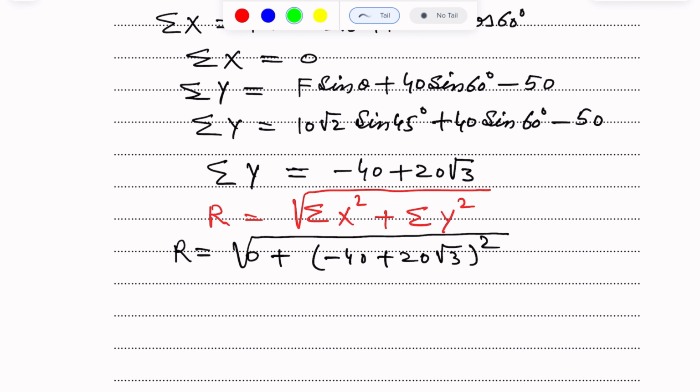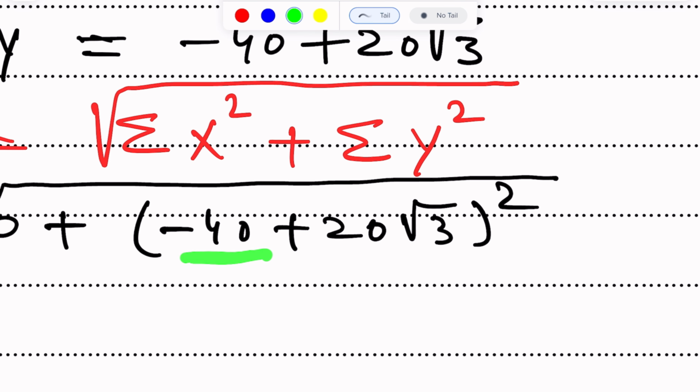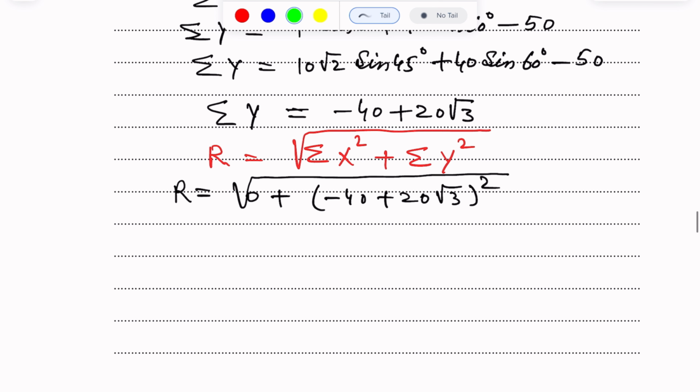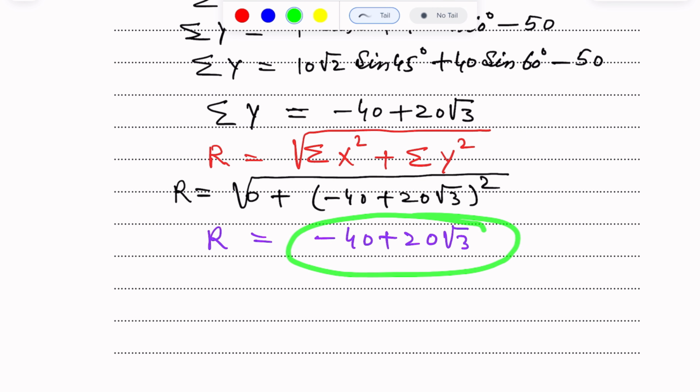If we take the square root, the square cancels out with the square root, and we get r equal to minus 40 plus 20 under root 3.